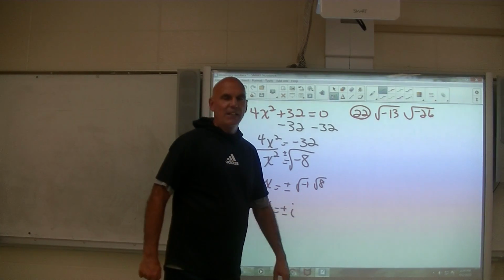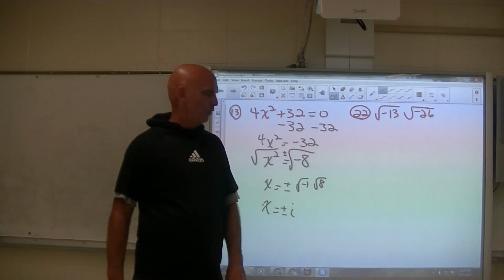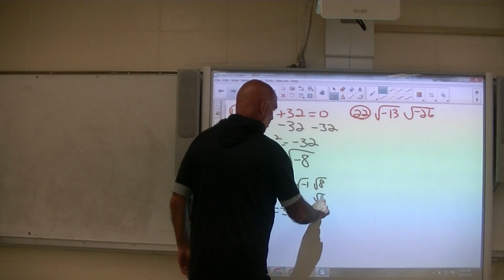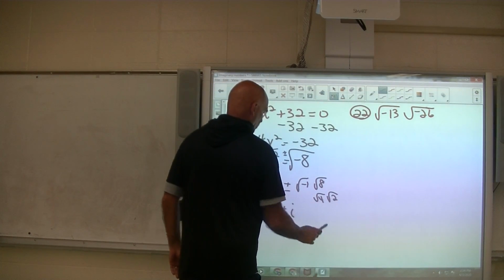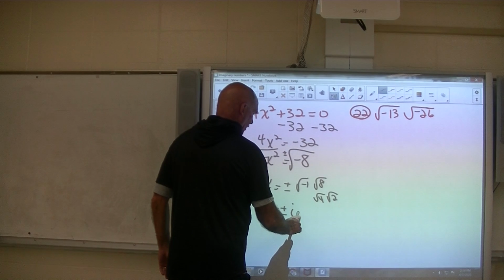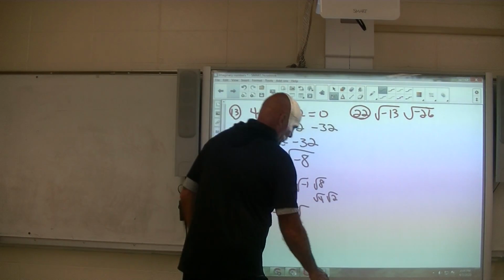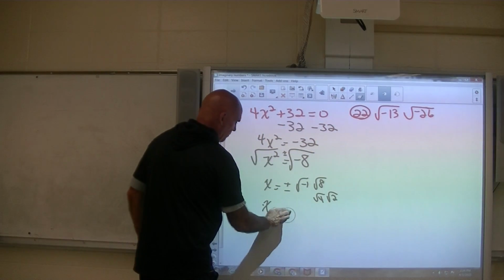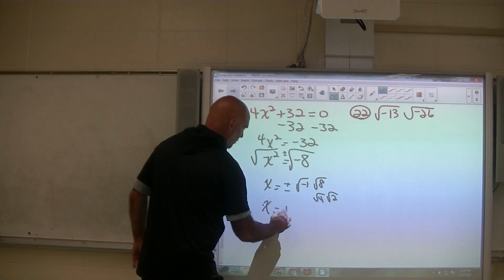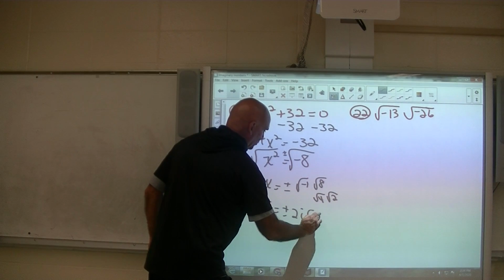The square root of 8 has a perfect square factor of 4 in it, so break that up into the square root of 4 times the square root of 2, which is 2 times the square root of 2. Your final answer would be plus or minus 2i times the square root of 2.